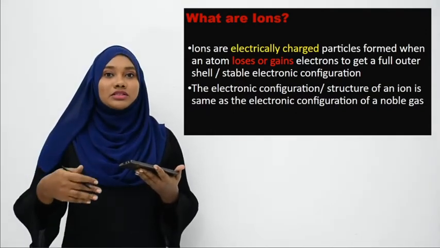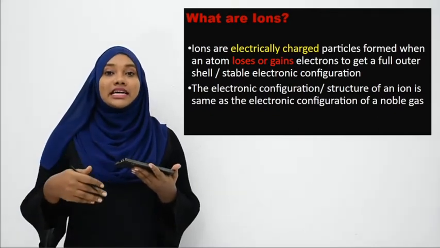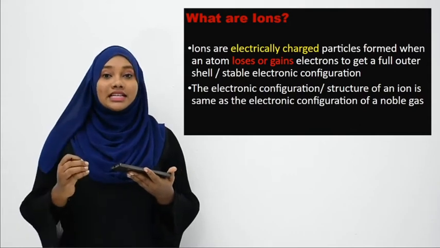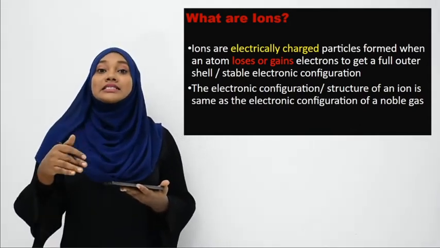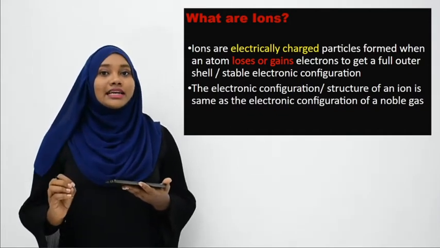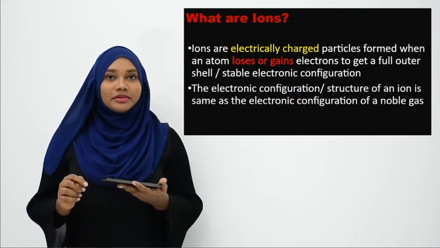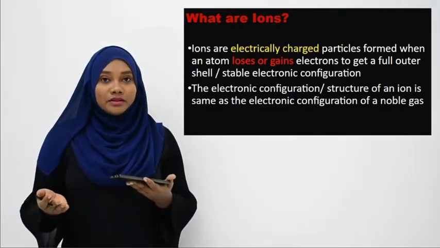It's the outermost shell. So if an atom has more than one shell, it should have 8 electrons in the valence shell. And if an atom has just one shell, it should have 2 electrons like helium. Helium has just one shell with 2 electrons and helium is stable, right? You must have heard of helium, right? Helium is a noble gas. All the noble gases are stable.